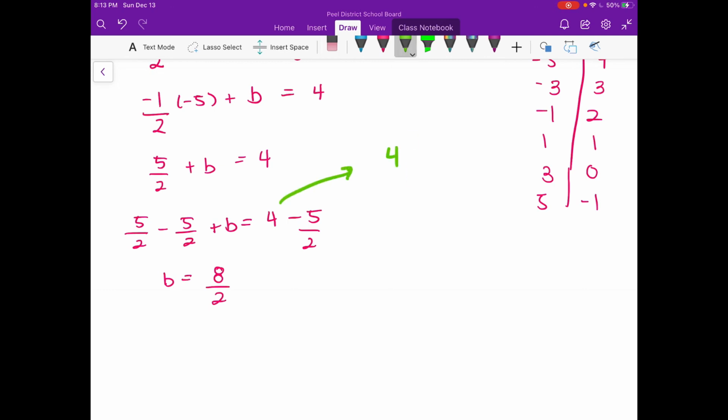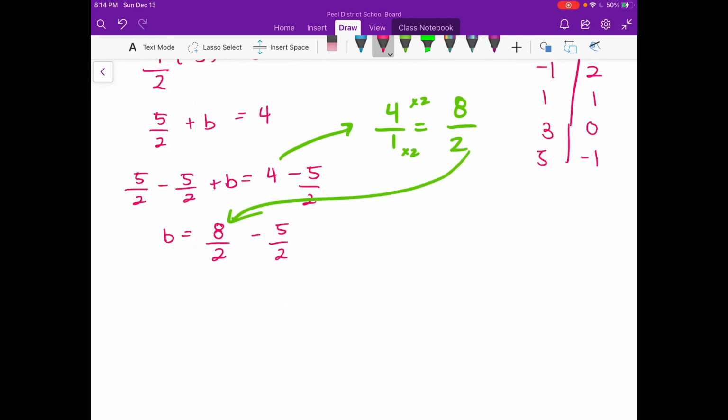So I did 4 over 1 times 2 over 2, 8 over 2. Minus 5 over 2. 8 minus 5 is going to give me 3 over 2, b.